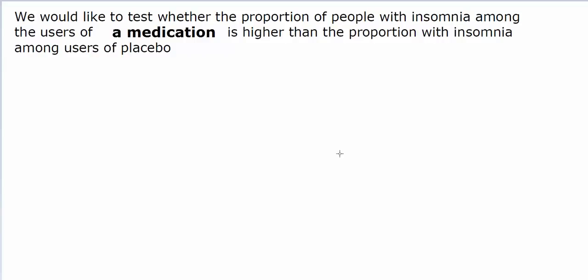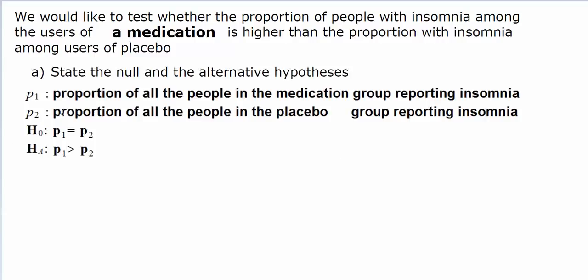So we are testing this null versus this alternative, where P1 is the proportion of all the people in the medication group who report insomnia, and P2 is the proportion of all the people in the placebo group who report insomnia. Our null is the two proportions are the same, and the alternative is that the medication group has a higher incidence of insomnia.